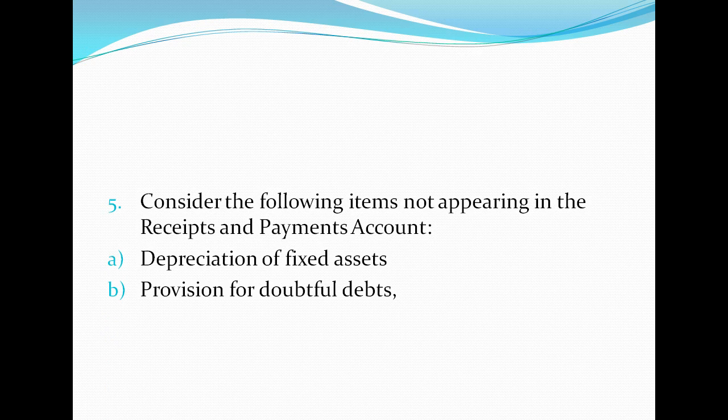Usually it will be found in the adjustments and it should appear on the debit side of income and expenditure account. Profit or loss on sale of fixed assets must be taken into consideration. In case of profit, it should appear on the credit side, that is the income side, and in case of loss, it should appear on the debit side of income and expenditure account.